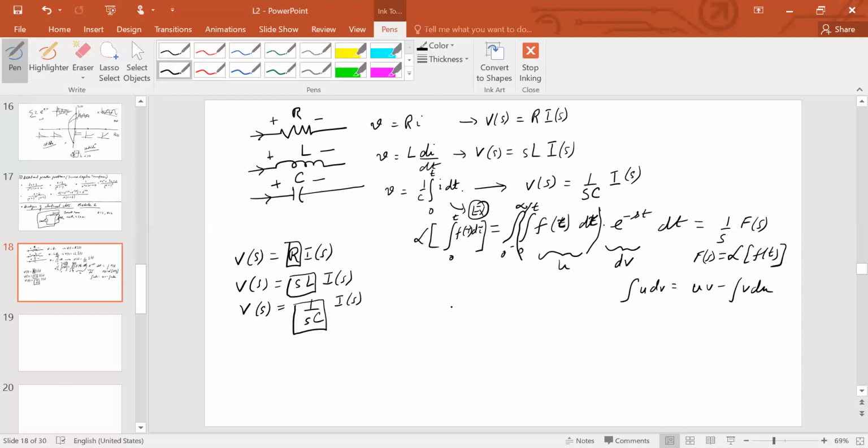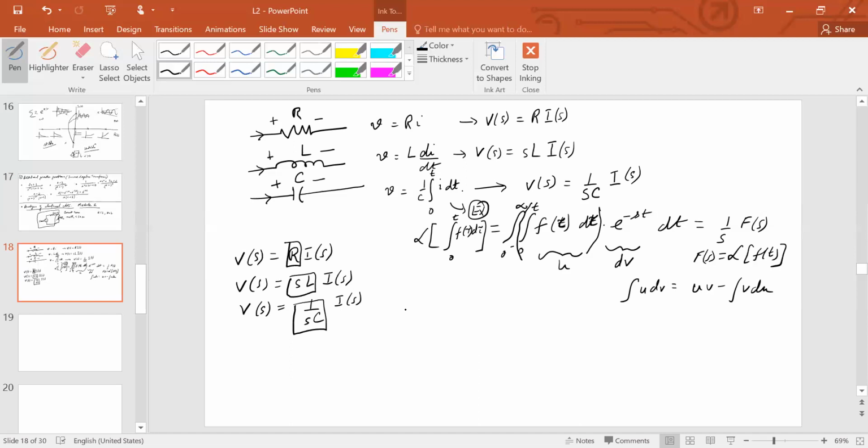Okay, so the source voltage in a loop or in a mesh is equal to the sum of the voltage drops across the impedances in that loop.